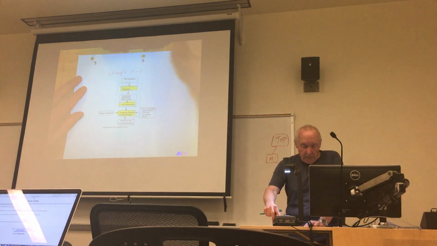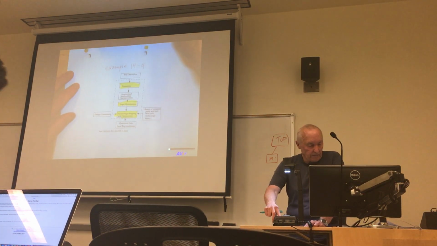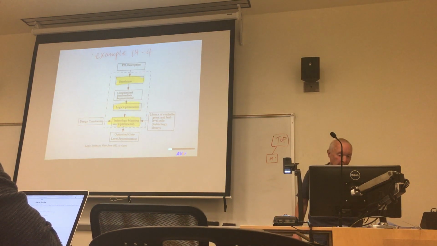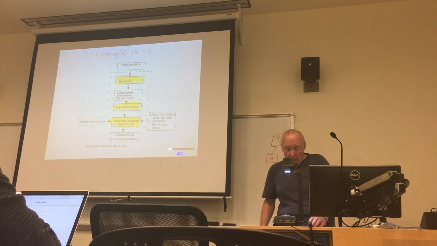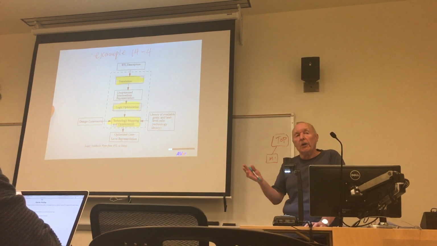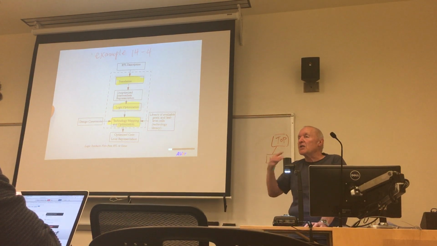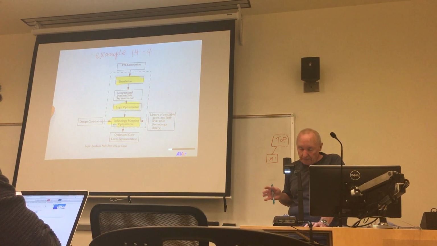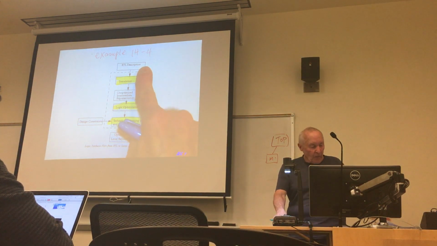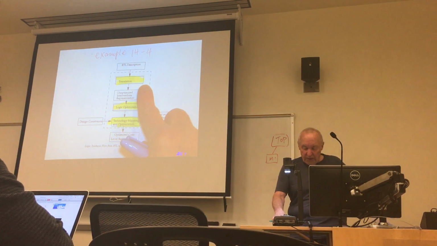This is example 14-4. And this is sometimes referred to as the design flow. It's the design steps that you need to go through. You start out with a RTL description, and then this goes through some translation.